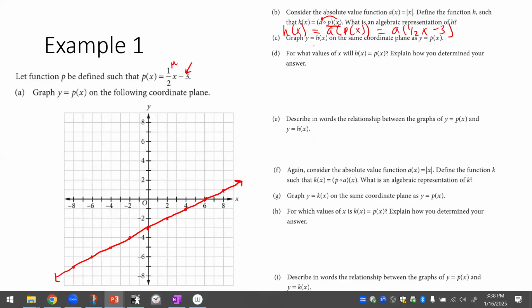So what that ends up looking like is y equals h of x, which equals the absolute value of 1/2 x minus 3, because I'm replacing x with the entire function.